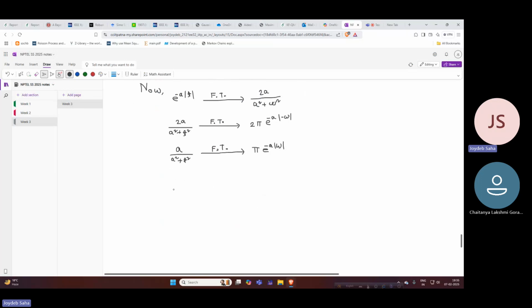If we divide by a, then 1 upon a square plus t square has Fourier transform pi upon a e to the power minus a mod omega. So this is the answer.